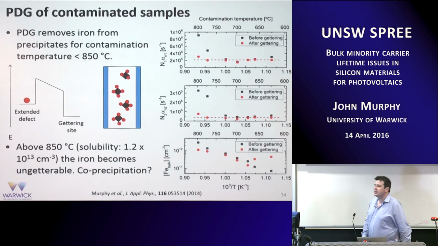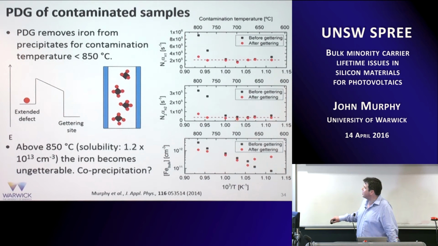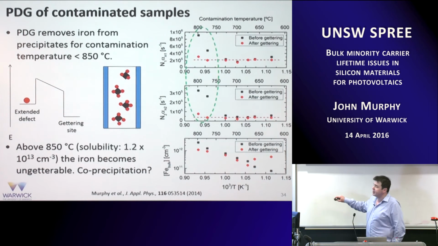The other thing we did is a set of experiments on phosphorus diffusion, intentionally contaminated samples. So we took some precipitates, we contaminated them with iron, and then we tried to clean them up. And what we found actually is that in a lot of cases we could do this. So this is a contamination temperature, this is a density of centres, and what we find is that before gettering we've got these black points, after gettering we get these red points.